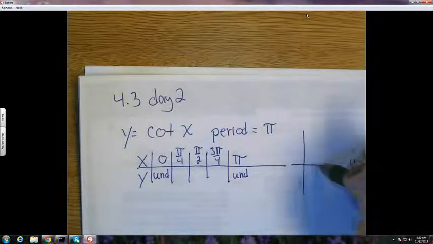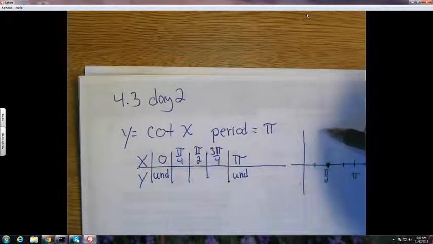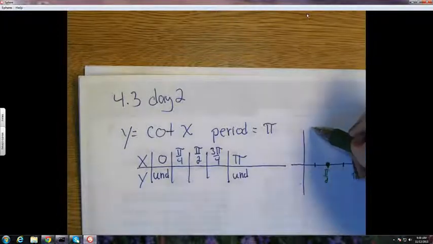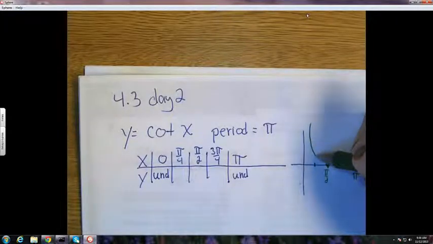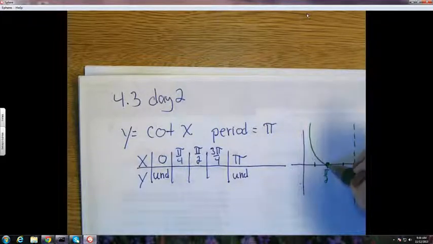Here's my pi over 2. Here's my pi over 4, and here's my 3 pi over 4. The graph is just crossing right through. It has a 0 at pi over 2. The graph looks like this. It scoops down like this. Then what's happening here is it's changing its concavity.